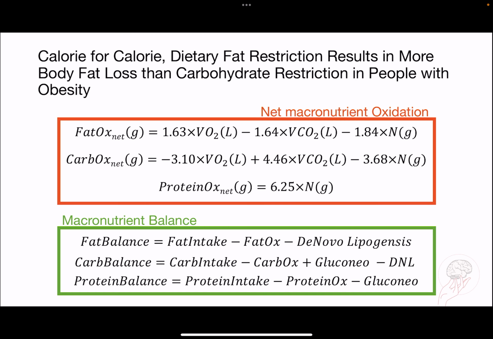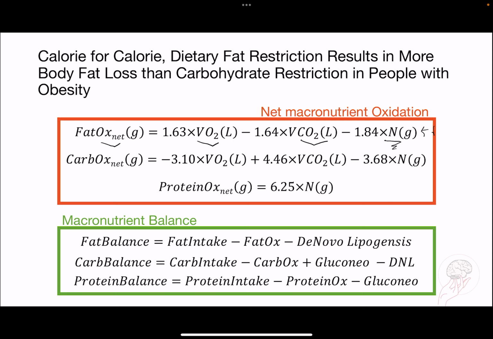So fat oxidation, like I mentioned, is measured using RQ. And RQ is measured using indirect calorimetry. Indirect calorimetry is measuring the volume of oxygen consumed, the volume of carbon dioxide expelled, and they also had urinary nitrogen.